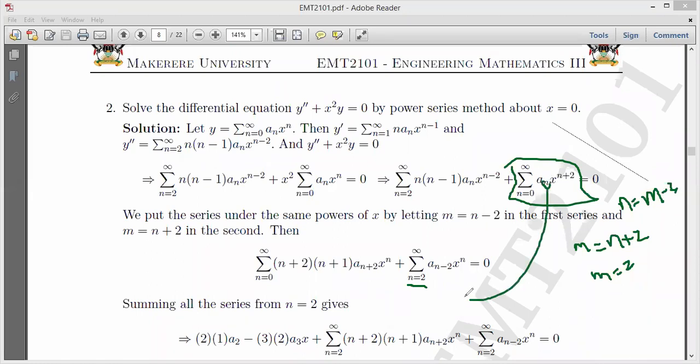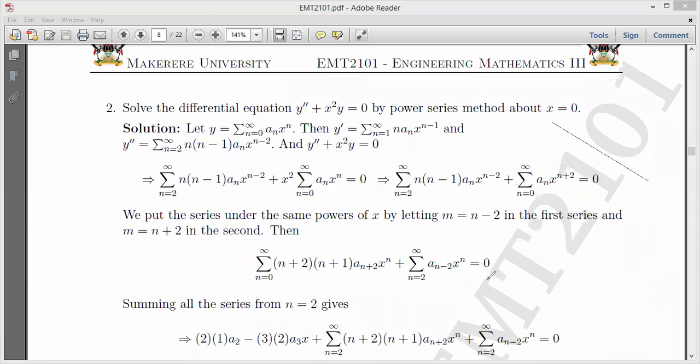This n becomes n minus 2, this one here. And since n plus 2 is m, but m is later taken back to n, this whole thing becomes n. Oh, good. We have now finished this one.